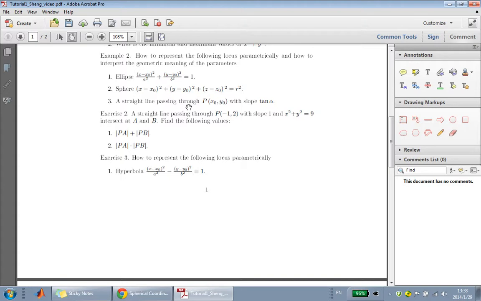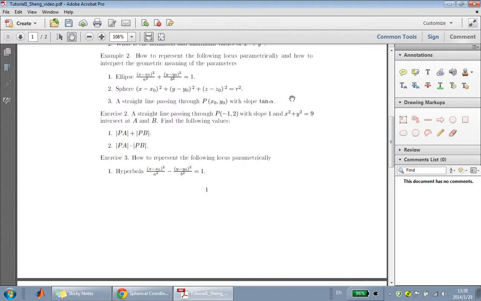I will not talk about the details of the parametric representation for this line. The idea is to consider the geometric meaning of that parameter, let's call it t: the distance between the point on this line and P. Of course, P is passed through by this line, right?